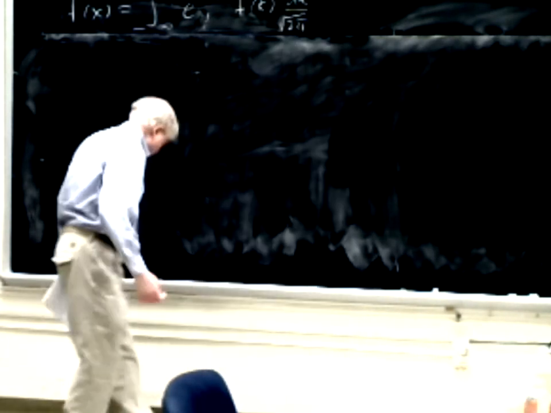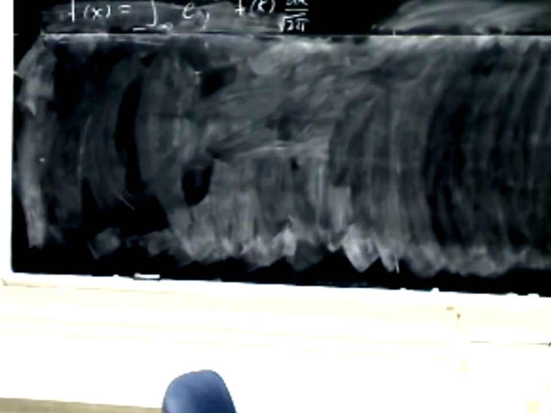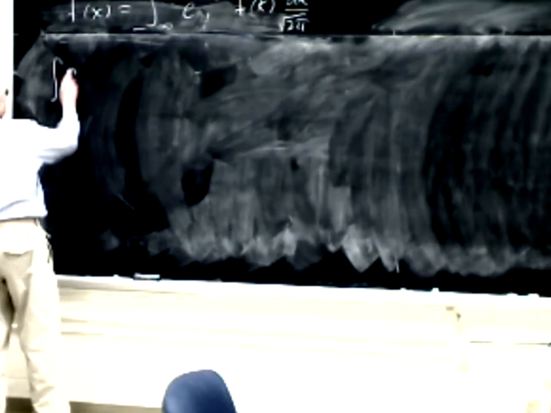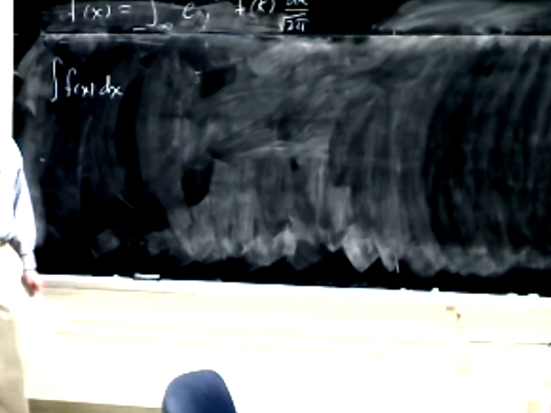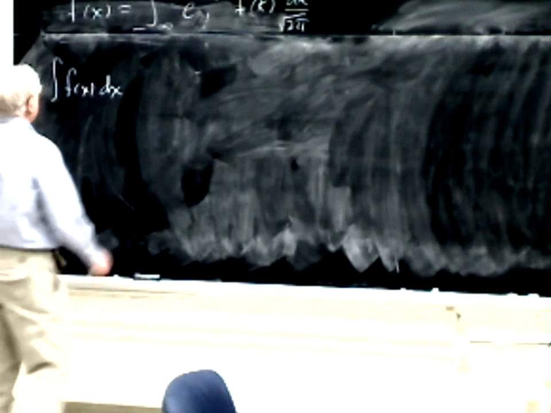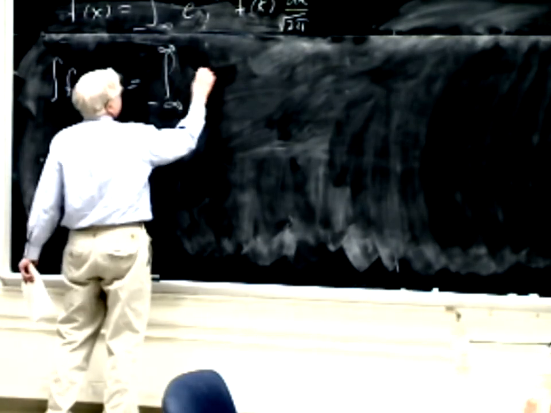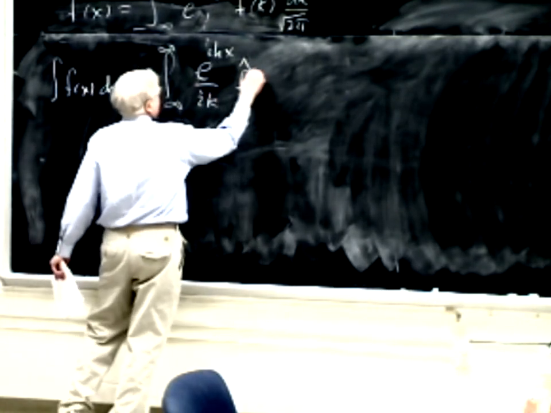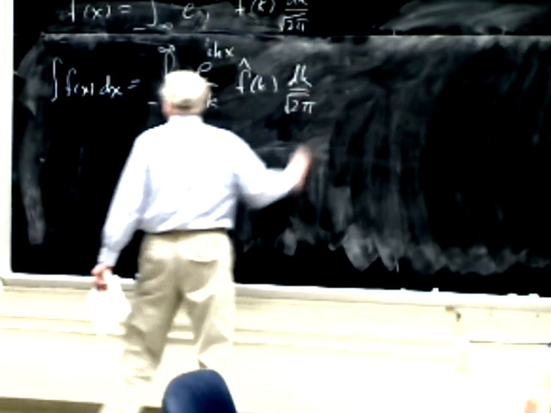Okay, so this is actually the inverse Fourier transform, but for some reason I always feel better when it looks like this. Okay, so what if you integrate? This is the indefinite integral. If you do the definite integral, the notation gets very complicated. If you integrate indefinitely, you get the integral from minus infinity to plus infinity of e to the ikx over ik, f hat of k, dk over root 2 pi.